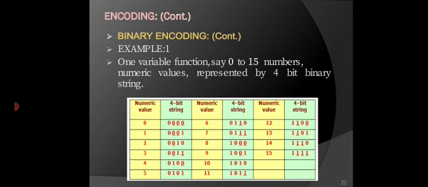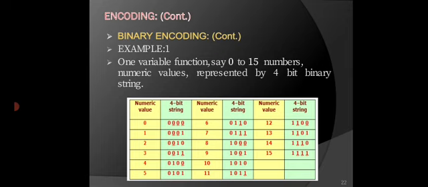So take a one variable function, say with 0 to 15 numbers, right? A function having numeric values from 0 to 15. So we cannot directly use this numerical value in a GA program. So we represent each value by a 4-bit binary string.